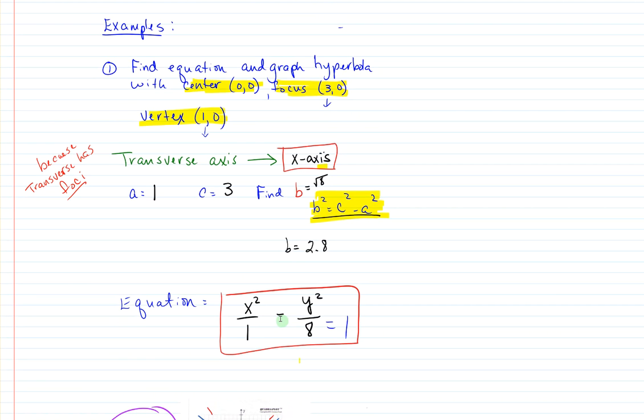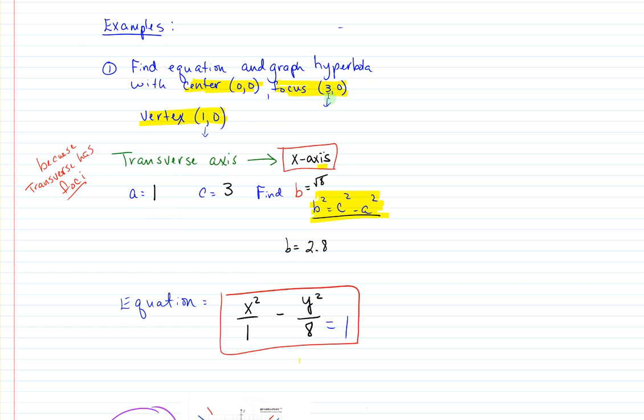If you were asked to find the equation and graph a hyperbola with center 0, 0, focus 3, 0, and vertex 1, 0. First of all, we know that the transverse axis is the x because the focus and the vertex are on the x-axis. So our a value is 1, that's your vertex.